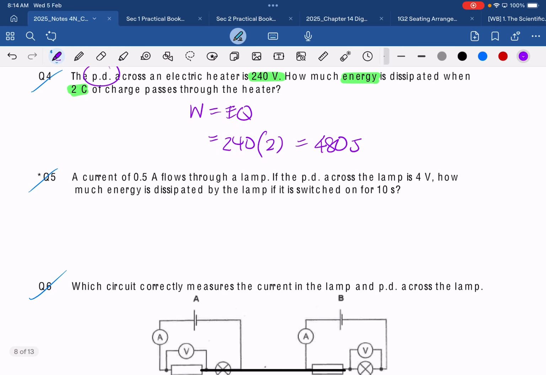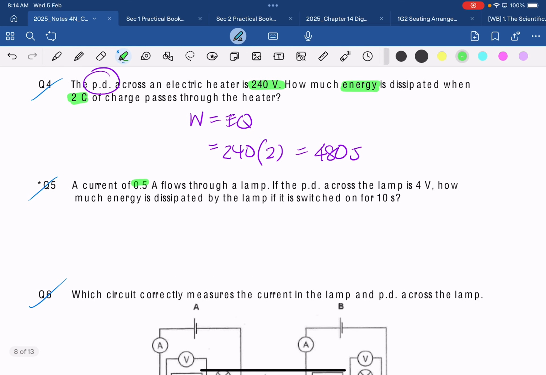Next, 0.5 is your ampere. Then you realize 4 volts is written there. They want to find energy. To find energy over here, wait, sorry, 10 seconds. To find energy, the only formula you have in electricity to find energy is W equals EQ. Okay, so usually this is what I will do.